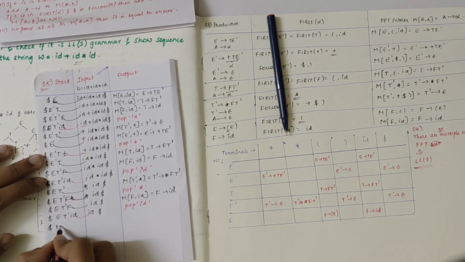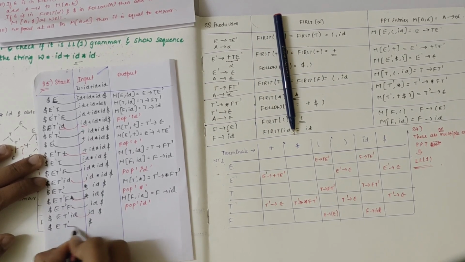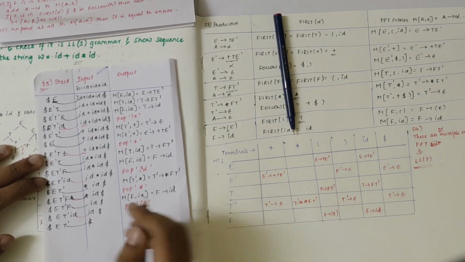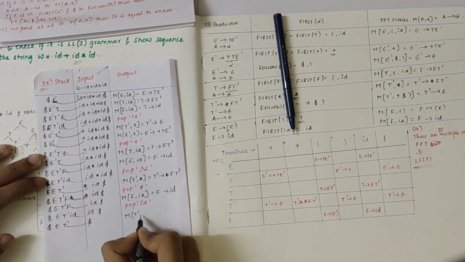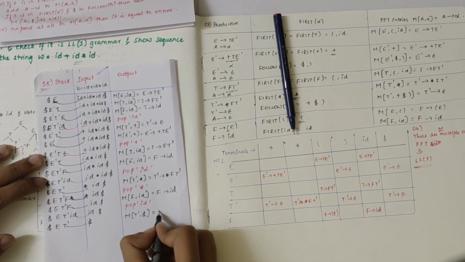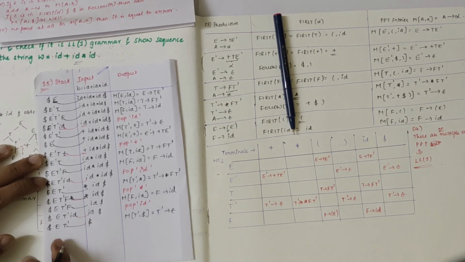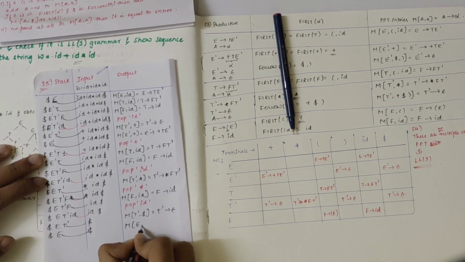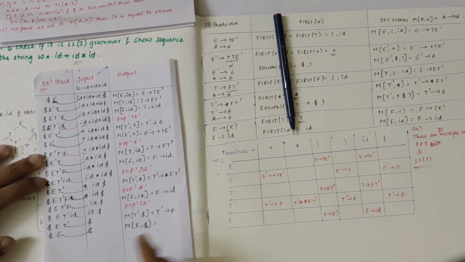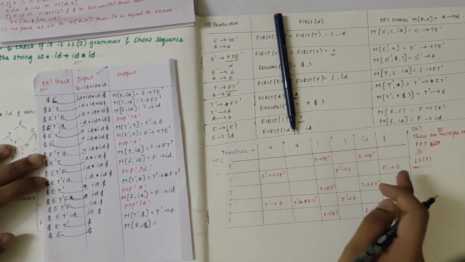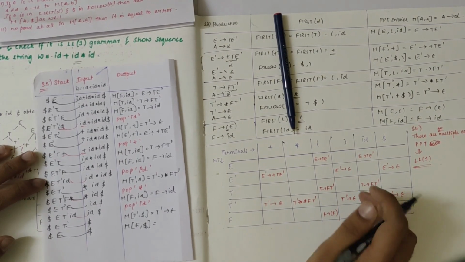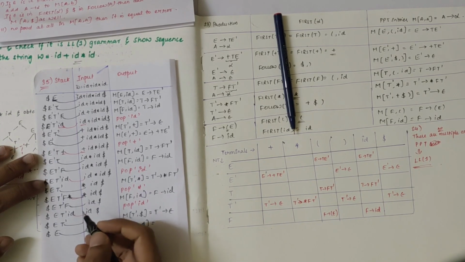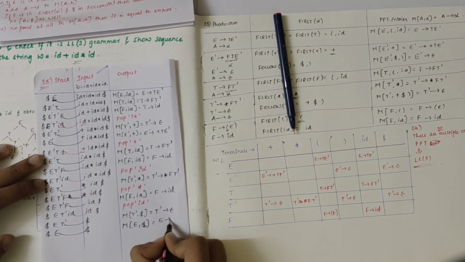Here we have $E T dash on dollar. T dash on dollar gives epsilon. M of T dash on dollar gives T dash derives epsilon. In the case of epsilon, you need not write anything here. So $E on dollar, M of E on dollar gives E derives epsilon.